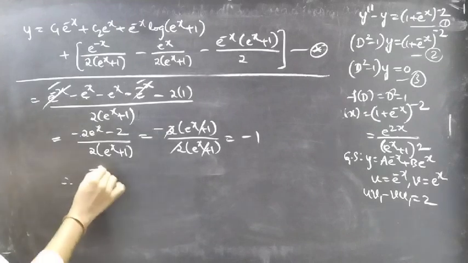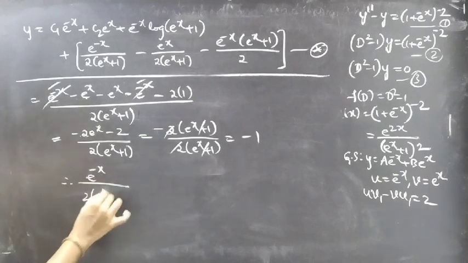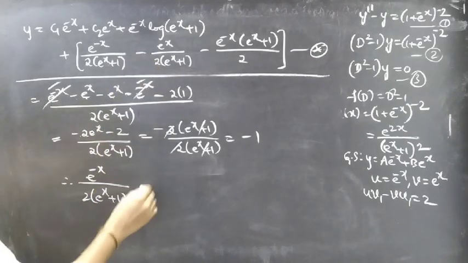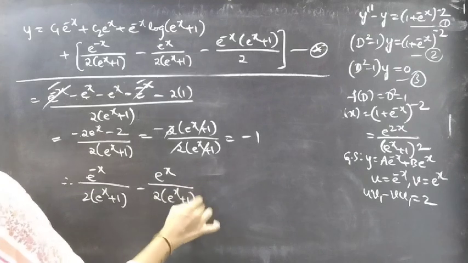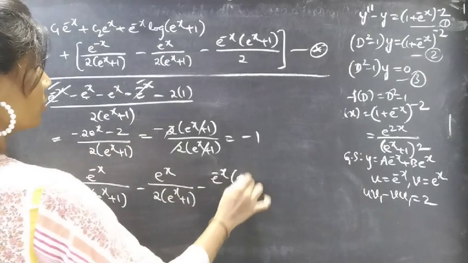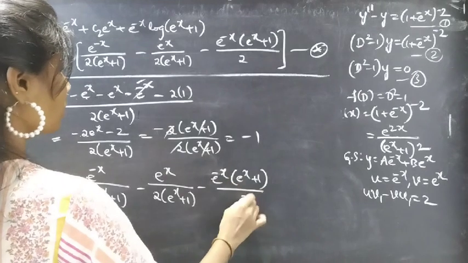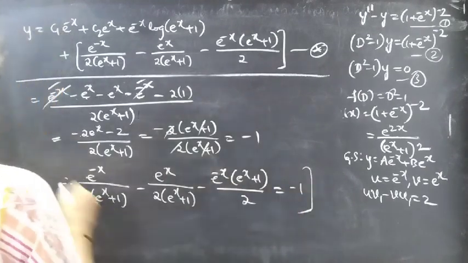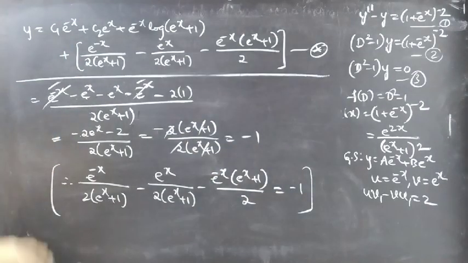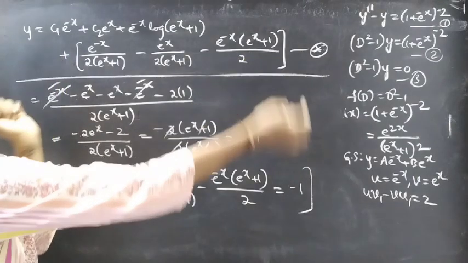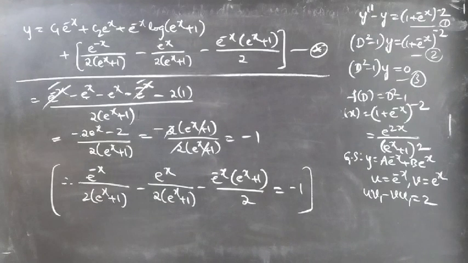Therefore, e^(-x)/(2(e^x + 1)) - e^x/(2(e^x + 1)) - e^(-x)(e^x + 1)/2 equals minus 1, right? Since this term is equal to minus 1, just replace the 3 terms by minus 1, the terms under brackets.